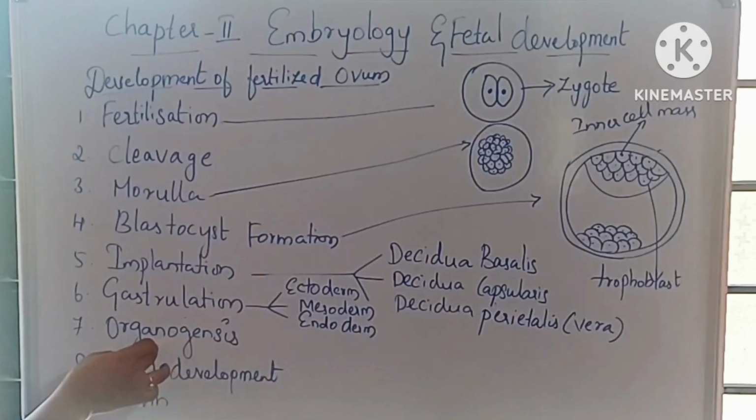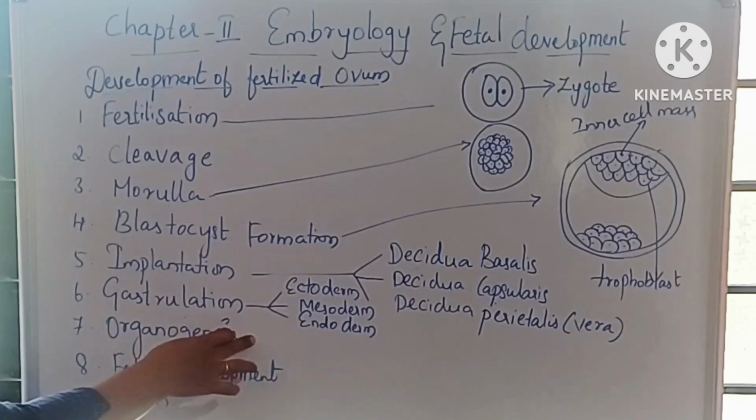This is the way of development. Here, development of organs and systems is called organogenesis. The heart starts beating around the 4th week of pregnancy.